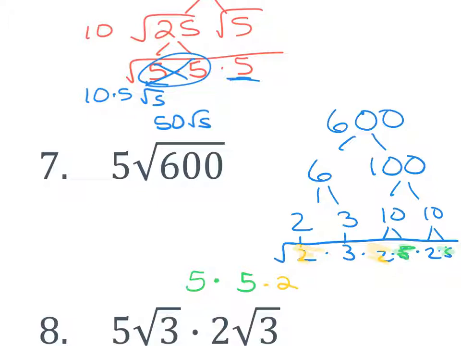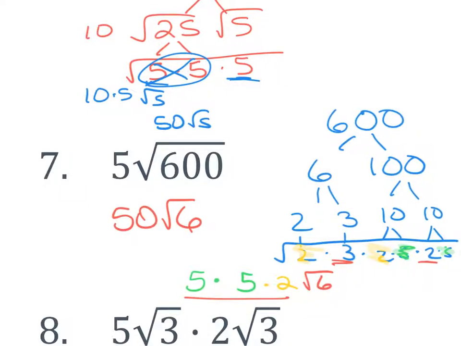And then there's nothing to pair with this 3 and nothing to pair with this other 2. So those two that don't have a pair, I'm going to multiply them back. And now I'm going to multiply 5 times 5 is 25, times the 2 is 50. So 50 square root 6.